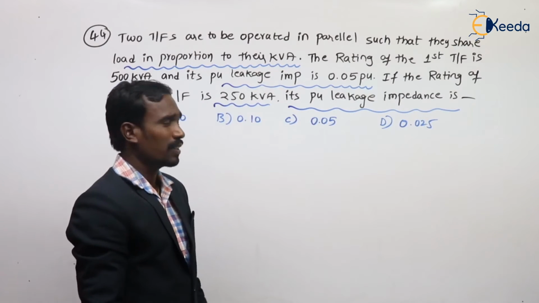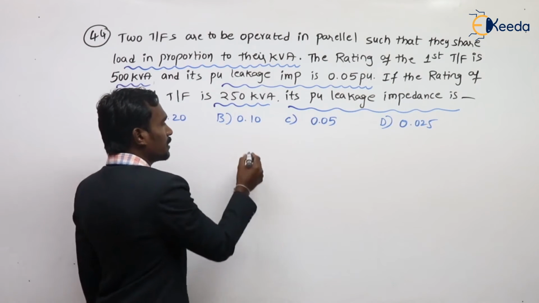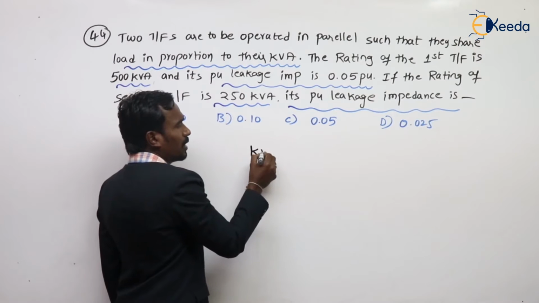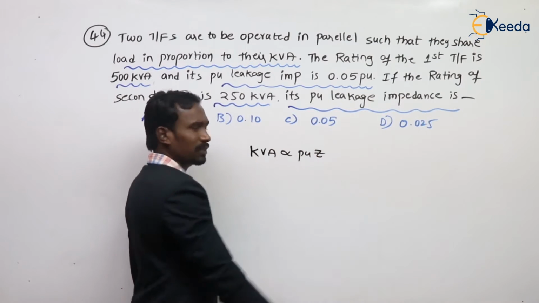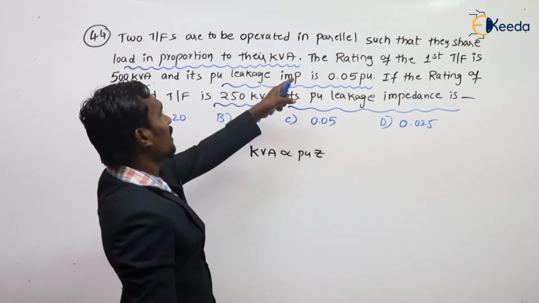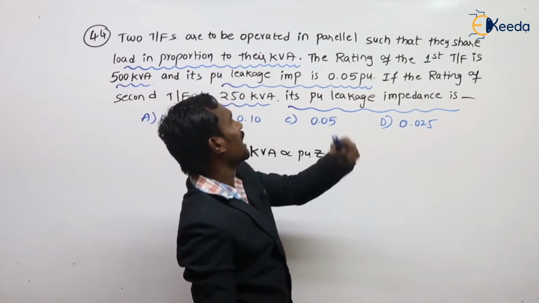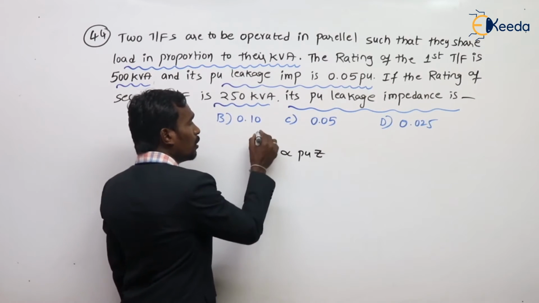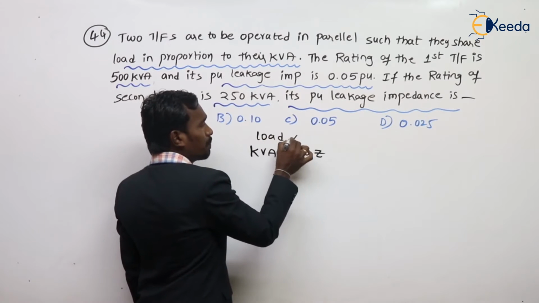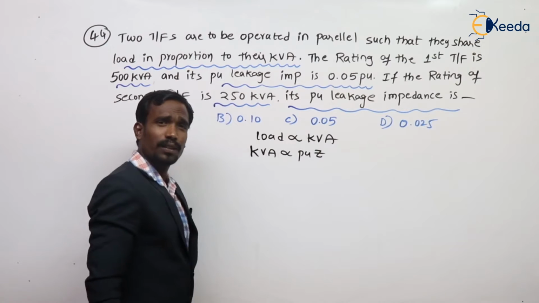is very simple, direct statement. We know that generally in parallel operation, the load sharing is directly proportional to per unit impedance. And they said that they share the load in proportion to their kVA rating.